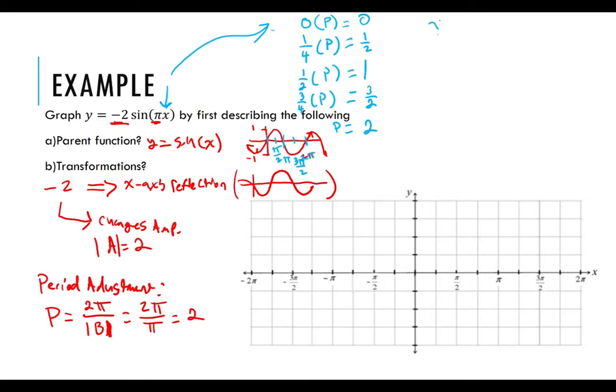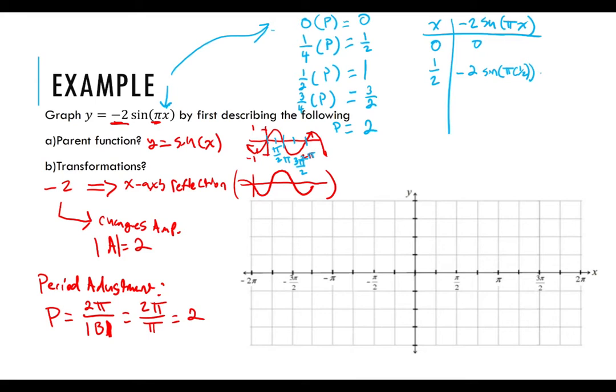And so, if I were to plug these values into -2 sine of pi times x, I could get ordered pairs to plot very nicely. Well, let's plug in 0. 0 times pi is 0. Sine of 0 is 0. And let's plug in a half. So now we're evaluating -2 sine of pi times a half.